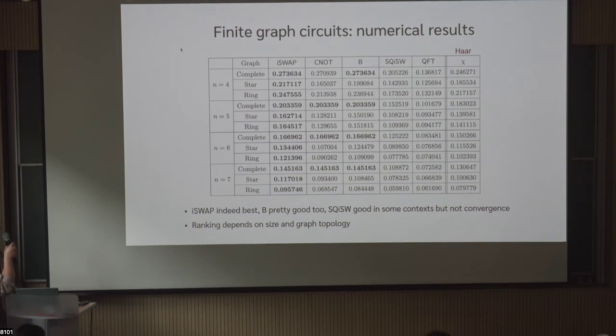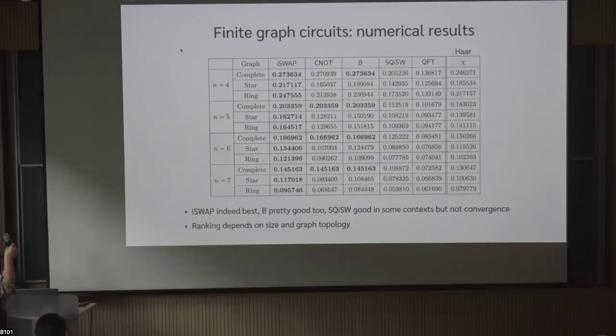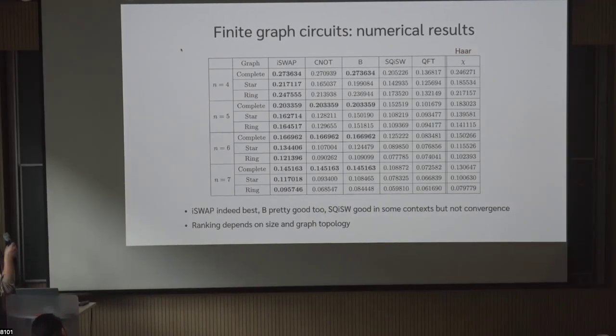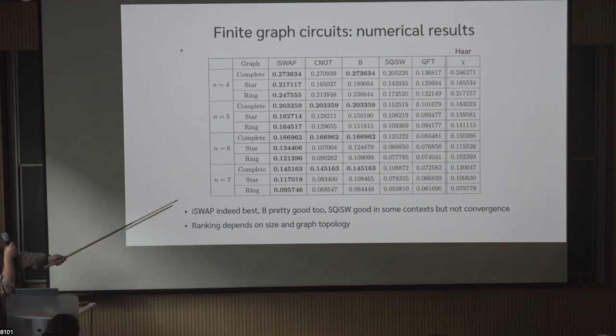On the other hand, the B gate is pretty good too. Especially for complete graph, you can see that the iSwap, C naught, and B for relatively larger sizes, they all give the best gap. And what's their common property? They're all dual unitary gates. So this will lead us to another conjecture that we'll make later. But here the point is that the iSwap gate is really good, and B gate are usually pretty good.